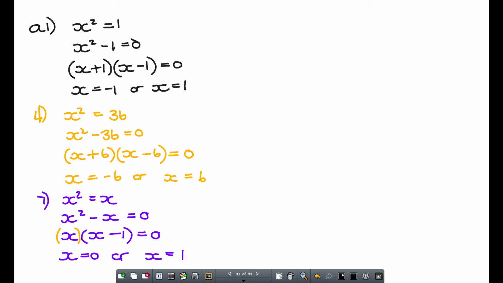So did you go from here to there? Okay, it's fine. It is going to get a bit more complicated later on, and when you show me steps, it's going to be easier for you. But if you can skip without making a mistake, then yes, it's good. You're going to get a mark for the factorizing and then a mark for each x value.